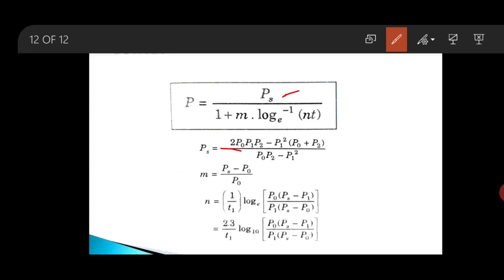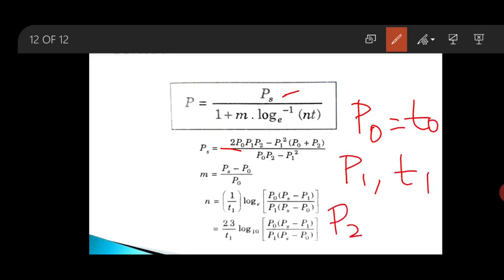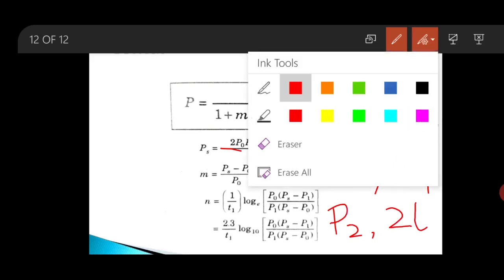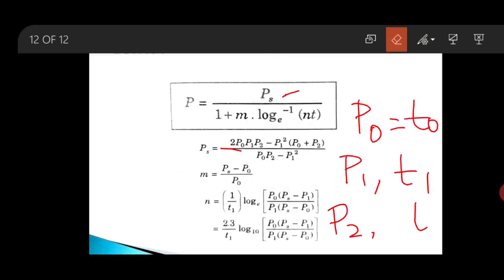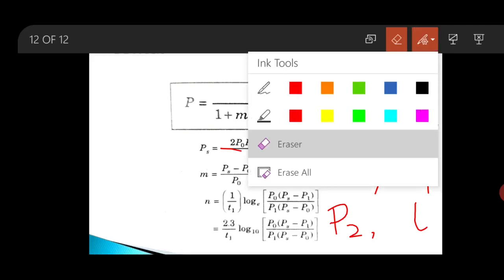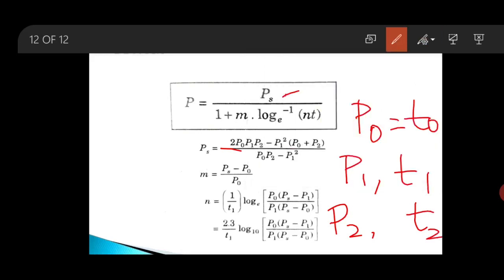So, here P0 is the initial population, that means at time t0, and P1 is the population at t1, P2 is the population at t2, where t2 will be equal to 2 times t1.